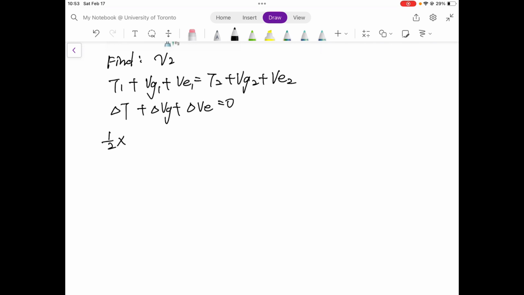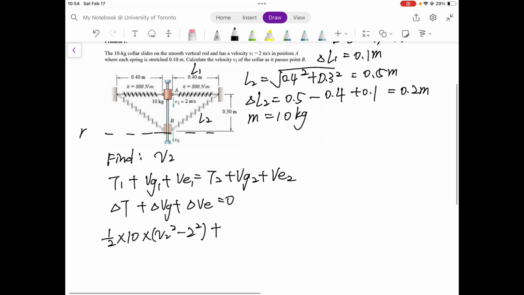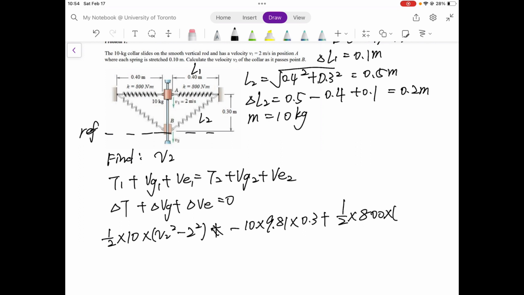So we have 1 over 2 times the mass of the collar, which is 10, times V2 squared minus 2 squared, plus, if you take this as our reference, the gravitational energy decreased in this process, so this should be negative, 10 times 9.81 times the change of the height, which is 0.3 meter, plus 1 over 2 times the spring constant, which is 800, times the stretch at point 2, which is 0.2 squared minus 0.1 squared.